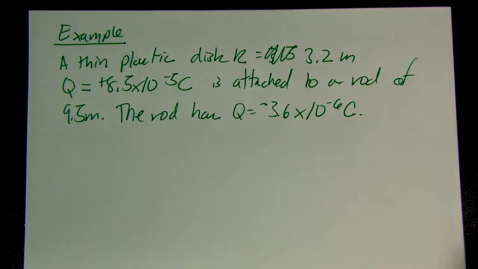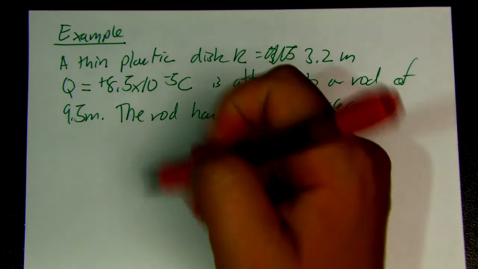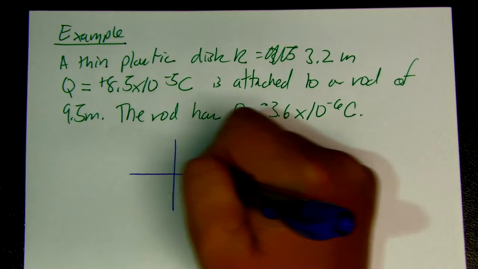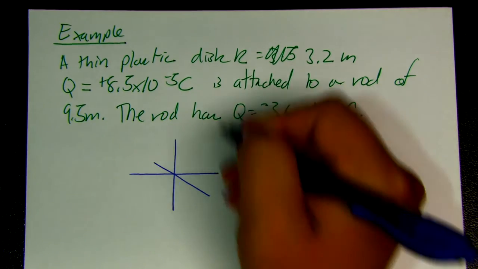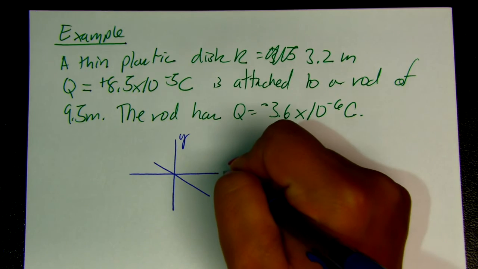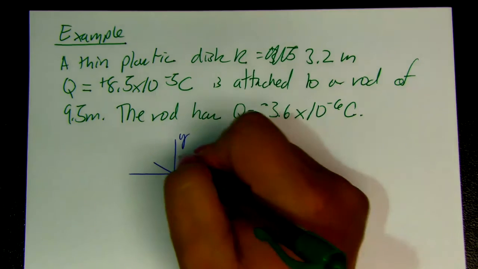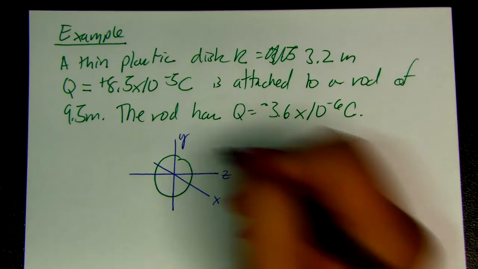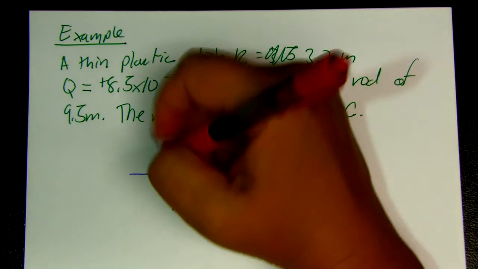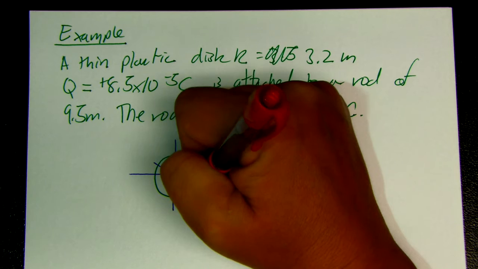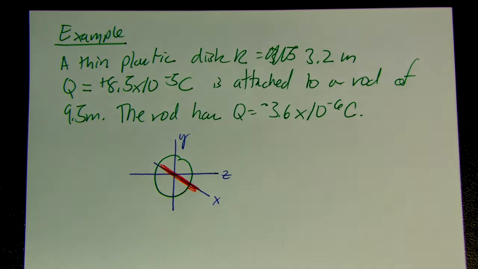So what this looks like is we have our, go ahead and draw a coordinate plane. This is going to be y, this is going to be z, and x is going to be coming out. Our disc is here in the y-z plane, and then our rod is going right through the middle of it, lying in x.